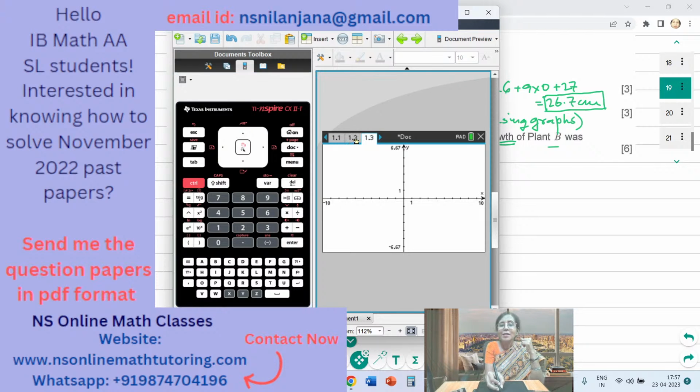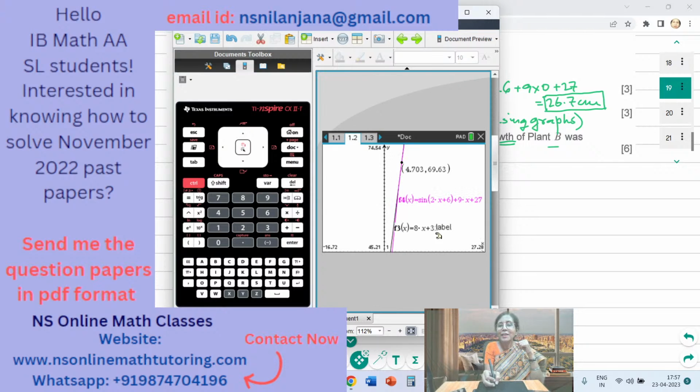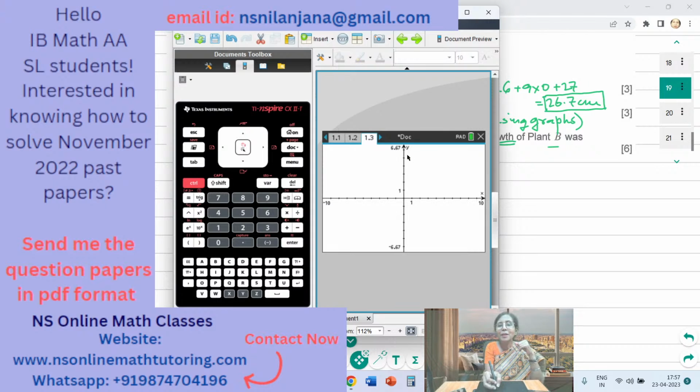F3 is 8x plus 32. If you differentiate that, it will be y equals 8. Simple. And over here, the maximum is 6.67, so it should be above that.